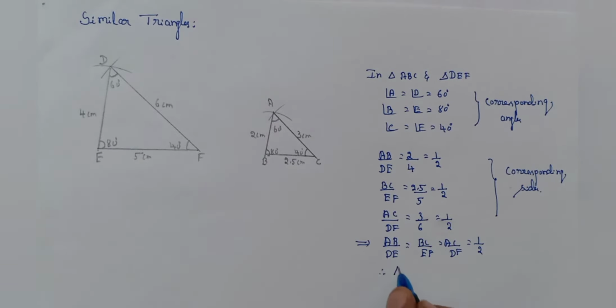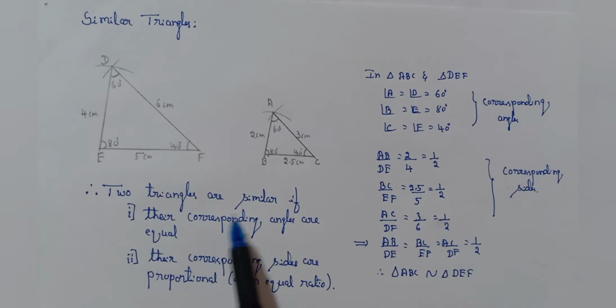Therefore, triangle ABC is similar to triangle DEF. So, two triangles are similar if their corresponding angles are equal and their corresponding sides are proportional or in equal ratio.